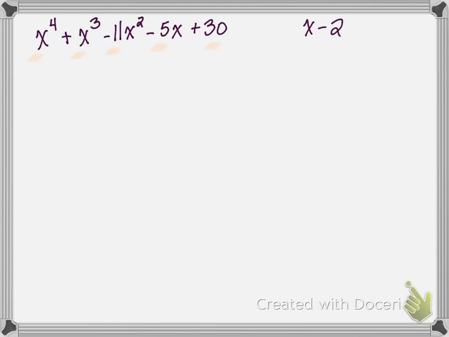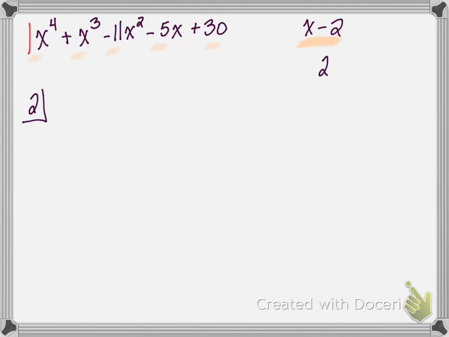So the important part with synthetic division is you take your factor, x minus 2, and you identify your solution associated with that factor. So my solution associated with x minus 2 is 2. I am going to put that in my box right here, 2. Then I look at each one of my coefficients.